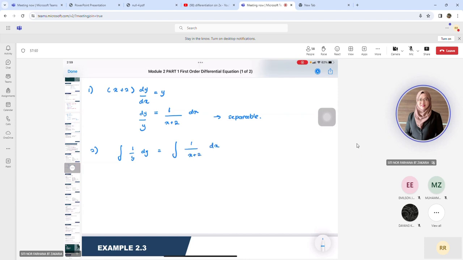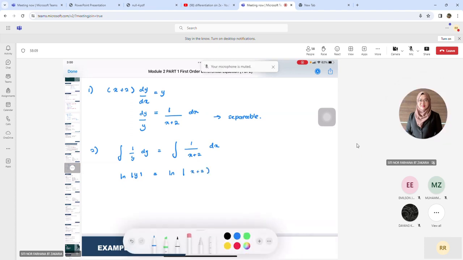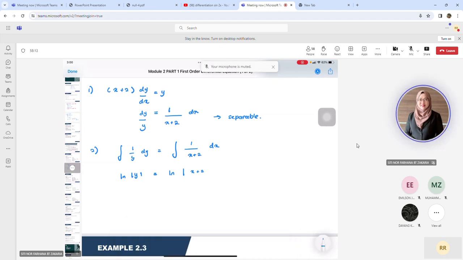So integrate 1 over y is equals to ln y, and integrate 1 over x plus 2 is equals to ln x plus 2. And then we need one constant. So let's say this one as k. Okay.